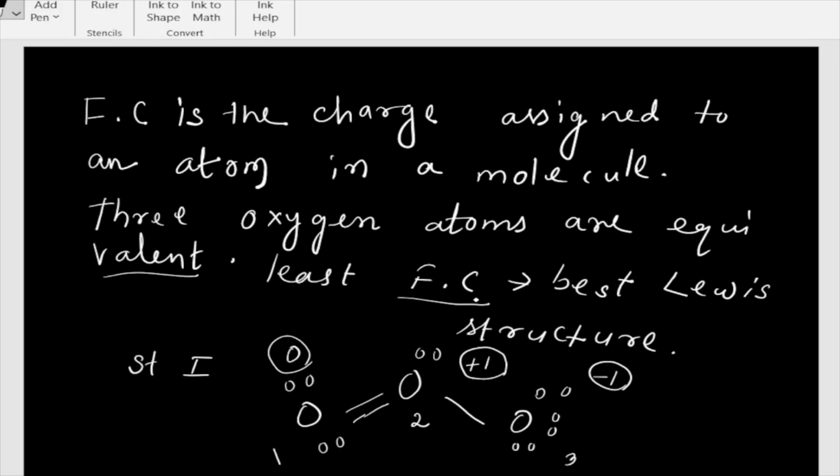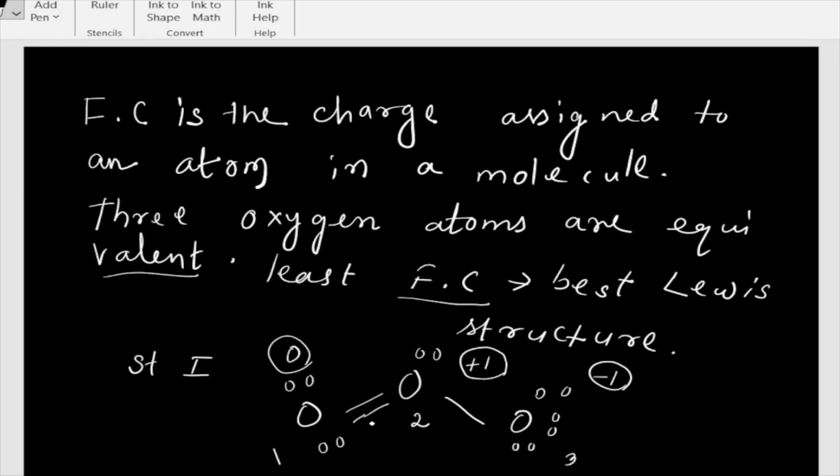Suppose in a molecule 4 Lewis dot structures form and one has the least formal charge, then it is the best Lewis structure. Then for structure 1 you can find 0. This is 0 charge, this is plus 1 and minus 1, and these are oxygen 1, oxygen 2, oxygen 3. Now I can show you how: here valence electron 6, non-bonding electron 4 and bonding electron 2 plus 2, 4.